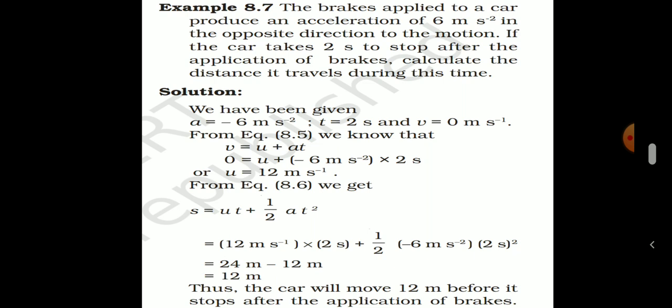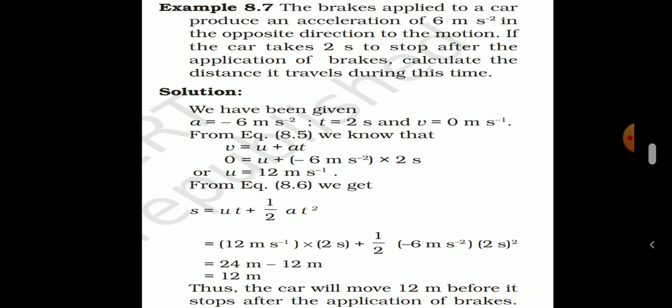We need to find the distance traveled during this time, so we want to find s. But for that, we need to know the initial velocity. Once the brakes are applied, the car is going to stop, that means its final velocity is 0.